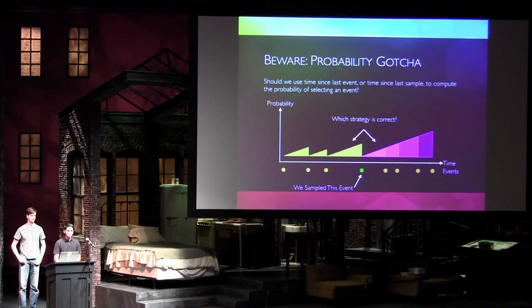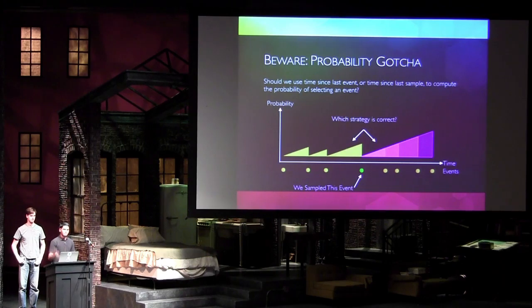There is a gotcha. We actually made this mistake, and it's a very subtle mistake, but it has a huge impact on how samples get selected. I mentioned that what we use to calculate the probability is the time since the last event. That's a really subtle distinction to make.